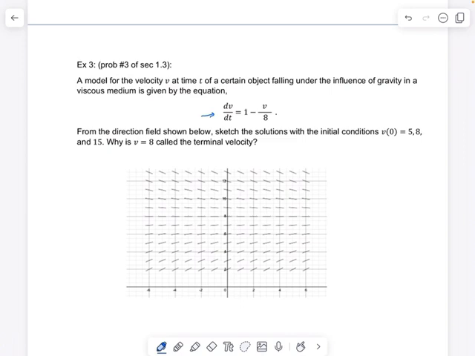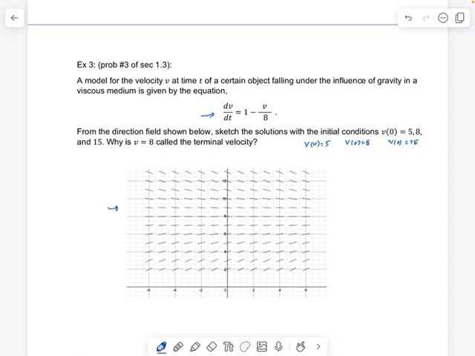From the direction field shown below, the first part says sketch the solutions with the initial conditions v(0) equal to 5, 8 and 15. So we have three initial conditions: v(0) = 5, v(0) = 8, and v(0) = 15. We have to draw three different solution curves.